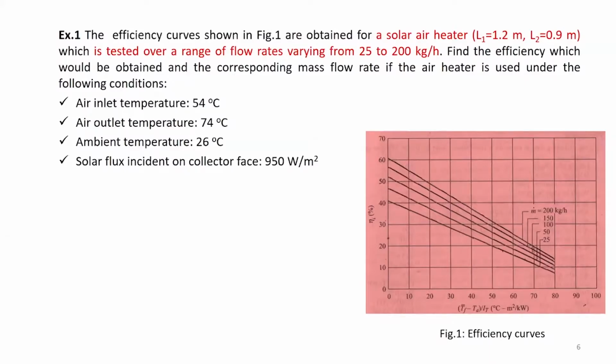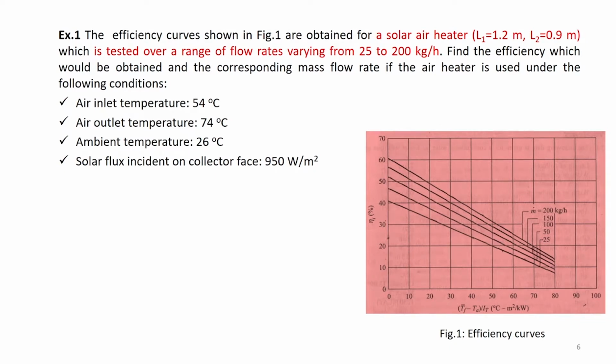Now, let us take an example to calculate the efficiency of a solar air heater and the corresponding mass flow rate under a given set of operating conditions.